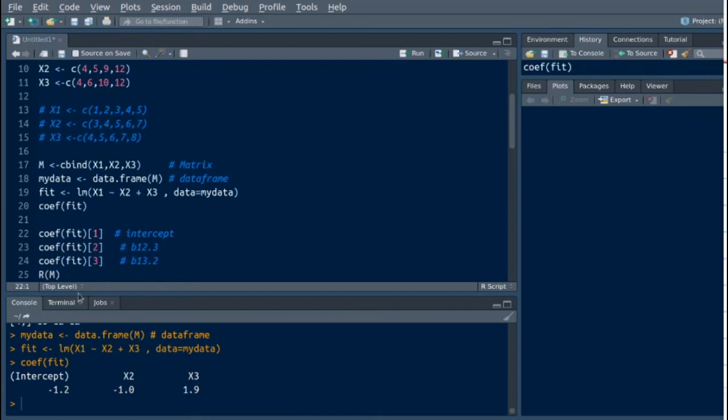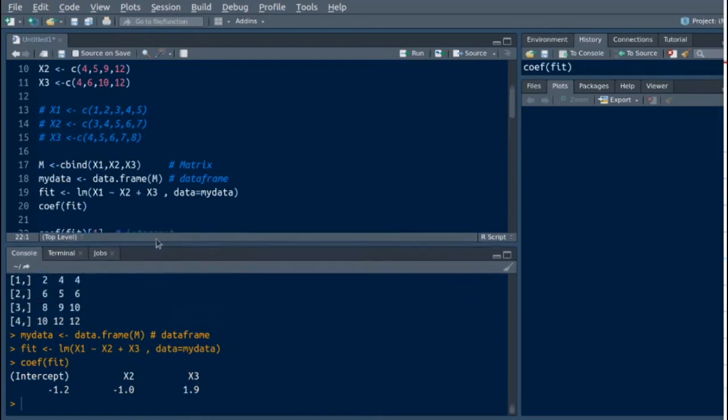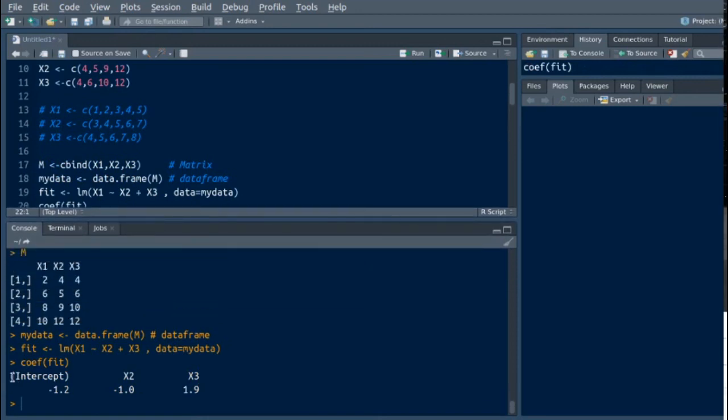If you see the result here, this is what I wanted to show you. This is the intercept that we were talking about. This is the A value. This is the second value that we were getting, the coefficient of regression of 1 on 2, keeping 3 fixed, and this is the coefficient of regression of 1 on 3, keeping 2 fixed.